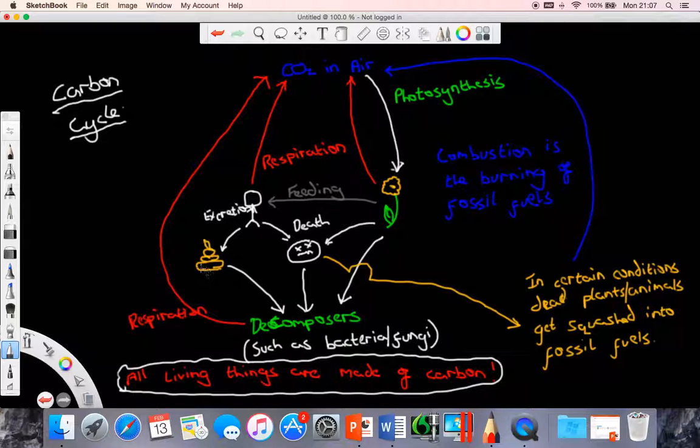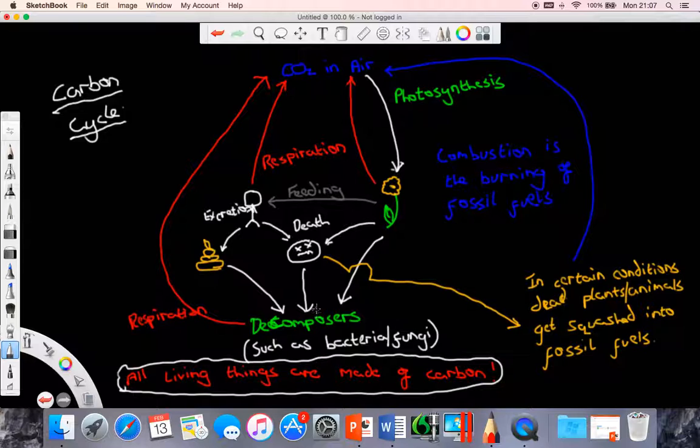and animals will also excrete, they'll have a poo, and organisms such as bacteria and fungi can decompose dead material or poo and turn it back down into its own atoms. Okay? Now, these decomposers, as they break down dead material or poo, they respire, and when they respire, they release carbon dioxide.